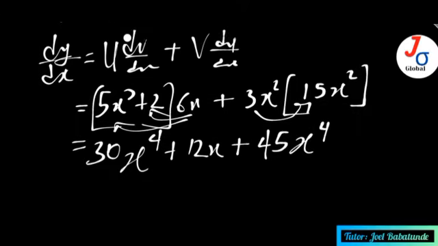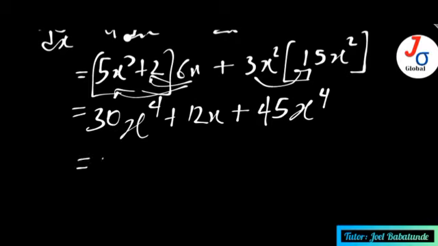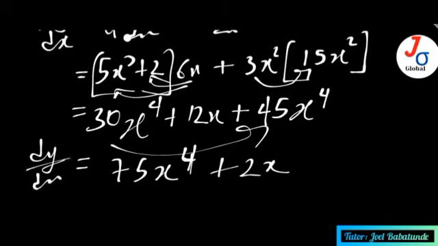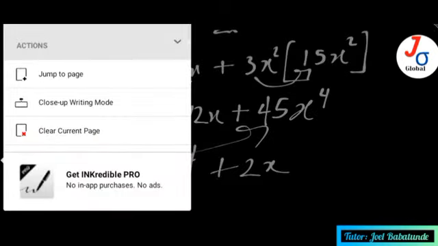So collecting like terms, we have 30x to the power 4 plus 45x to the power 4, and that's 75x to the power 4 plus 12x. So that's our derivative, dy/dx. Okay, so that's how to do that. So let's take one more example before we call it a day.